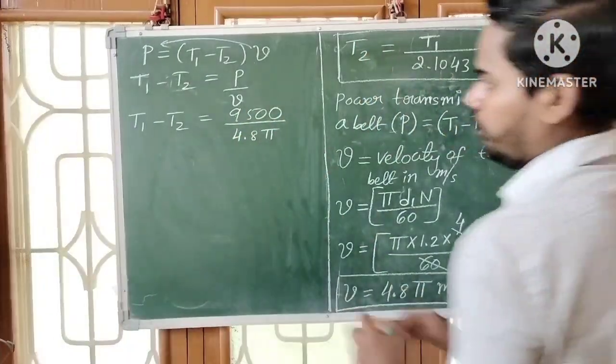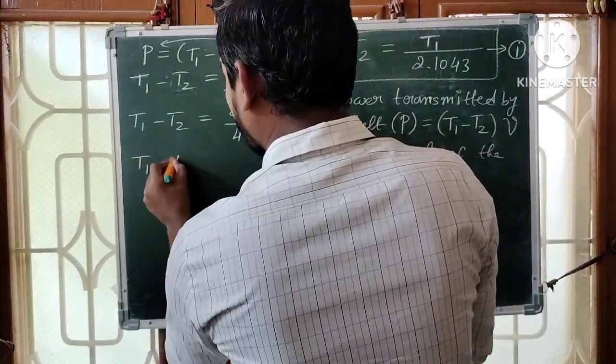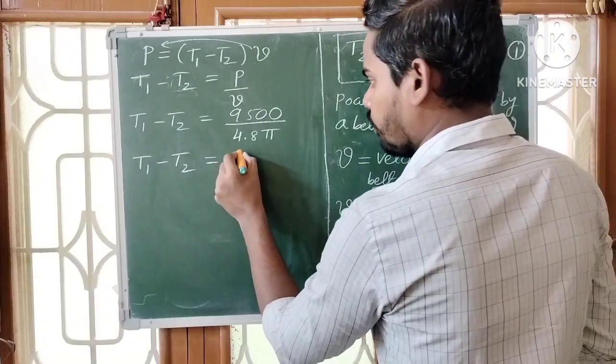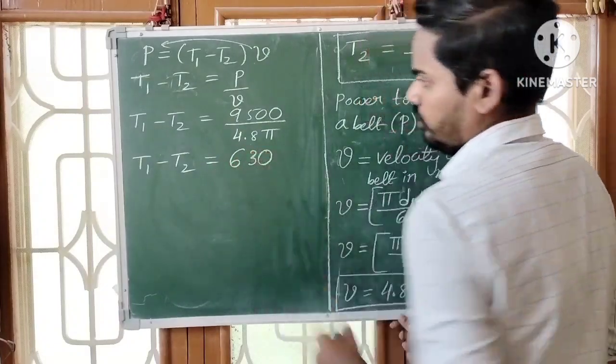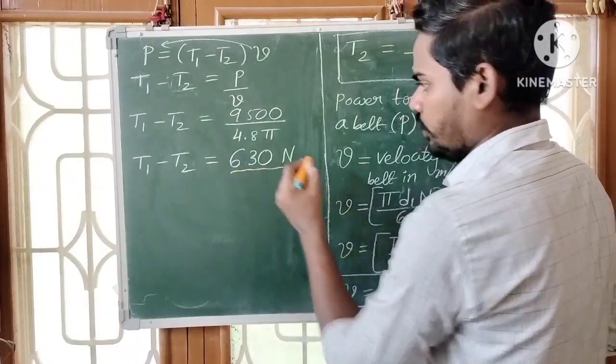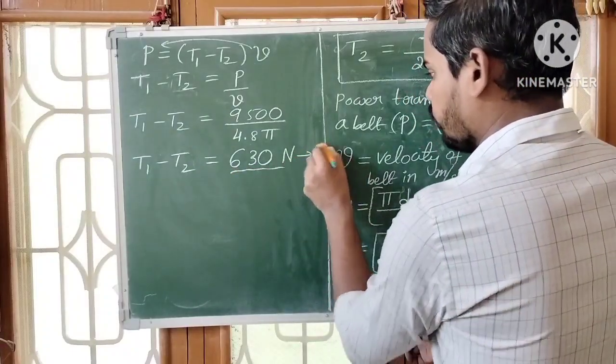If you simplify this, you will get approximately 630. T1 minus T2 is equal to 630 newtons. Tension units in newtons. Let it be equation number 2.